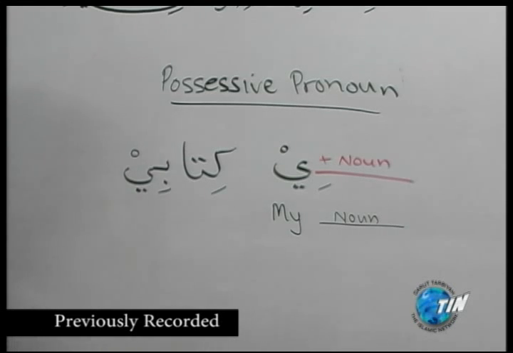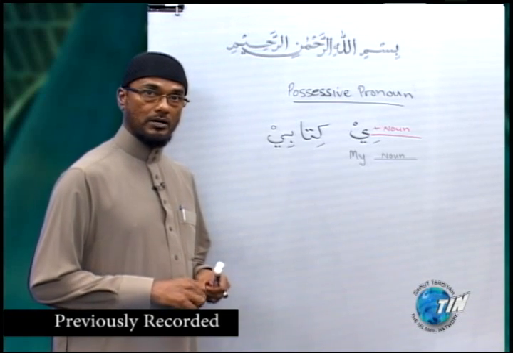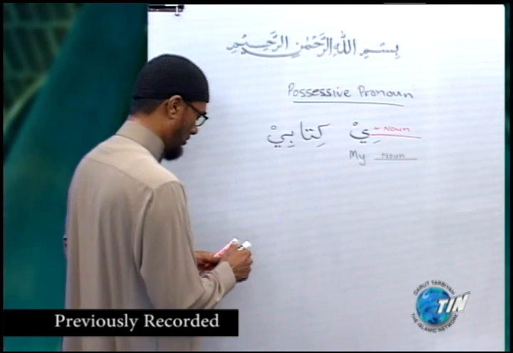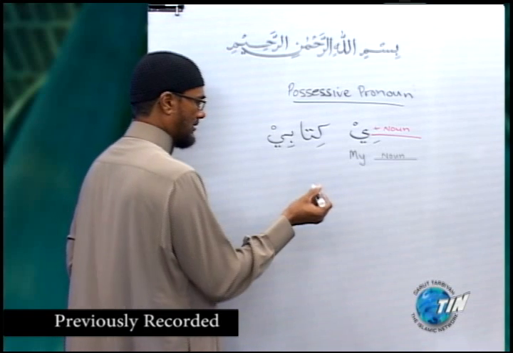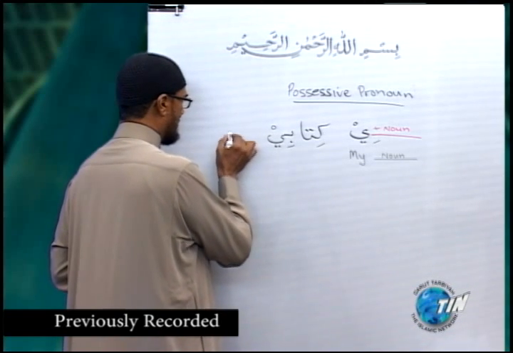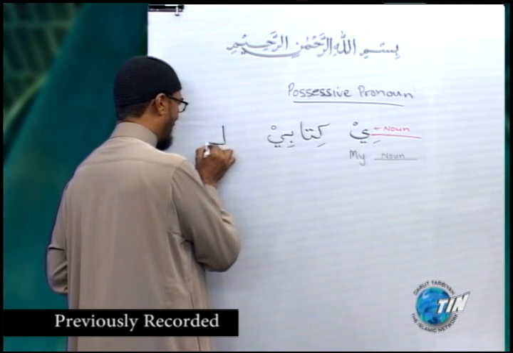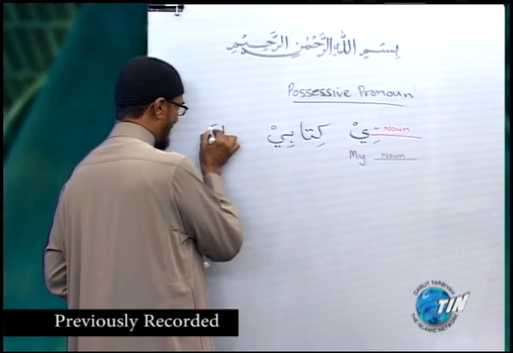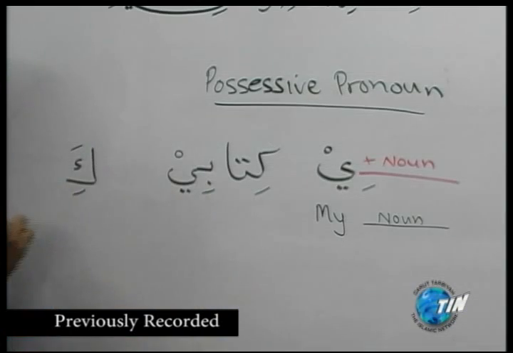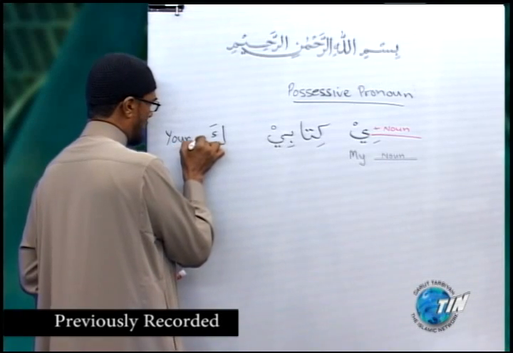Supposing now we want to say your book, instead of my book. So we're looking at another possessive pronoun, and that is the letter kaf. Ka or ki. Let's say ka means your. That's masculine.